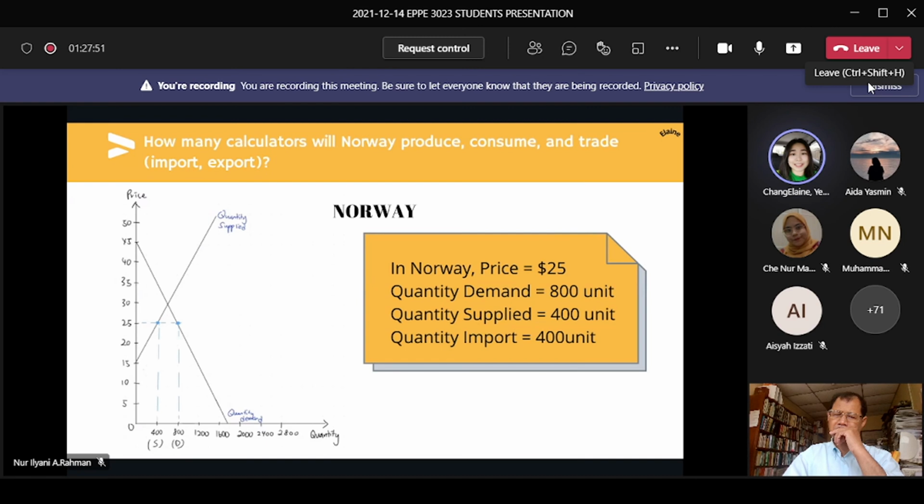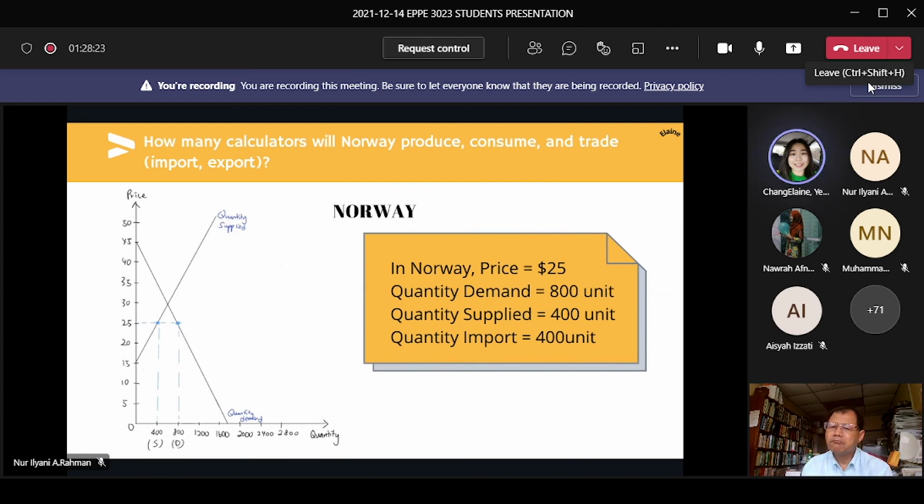So now we are going to the next question, that is, how many calculators will Norway produce, consume and trade? We can see that now the price in Norway is equal to $25. So we look back at the graph. When the price goes down from $30 to $25, the quantity demanded increases from 600 units to 800 units.